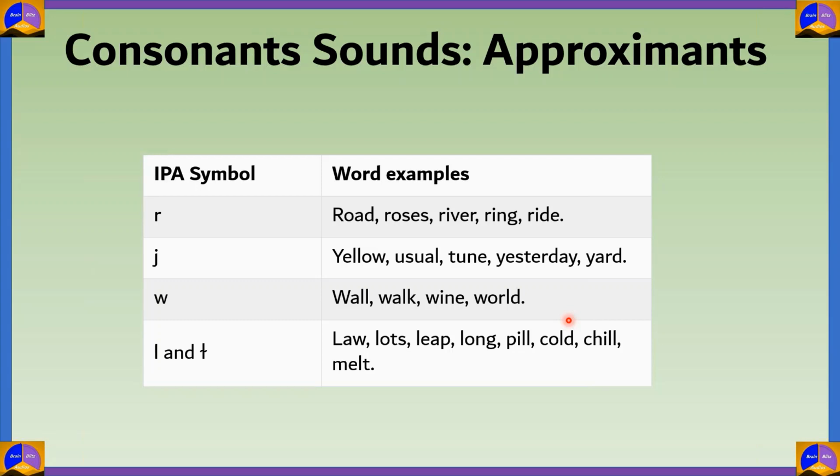So there are 4 approximants, and the first approximant, which is represented by the lowercase r, and which is represented by the letter R in most of the Latin alphabet, is the sound er. Now, again, this one is achieved by placing the tongue at the roof of your mouth, the tip at the roof.